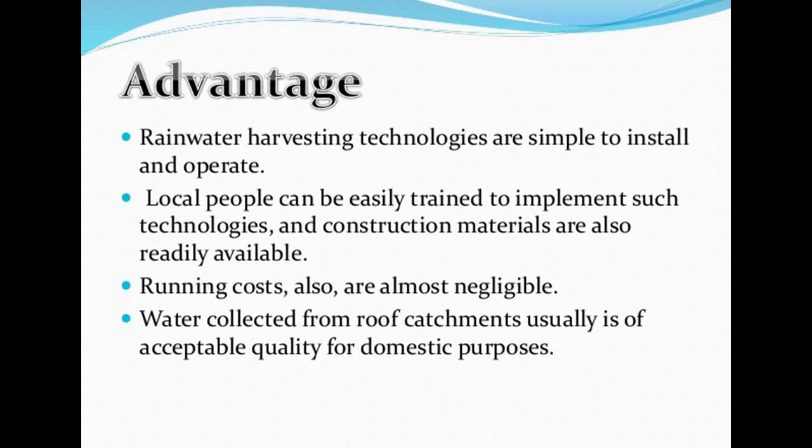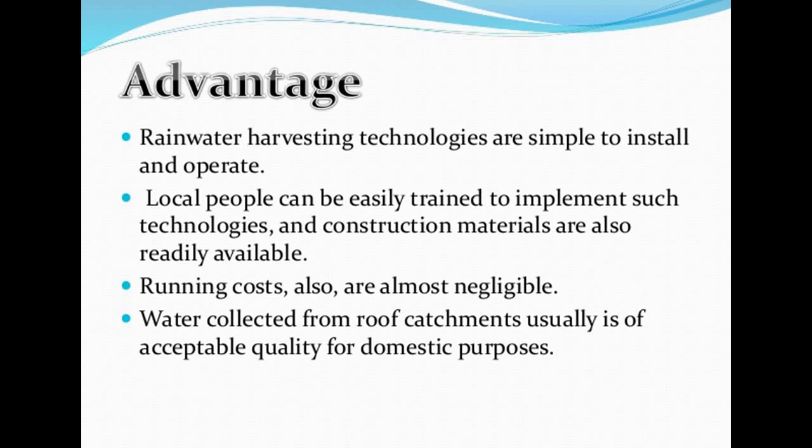You just have to construct your home in such a way that you make a rooftop, so that the rooftop can collect and store the rainwater, and a pipe will supply that water to your wells or to your underground dams, wherever possible, so that it can be stored somewhere for your future purposes.